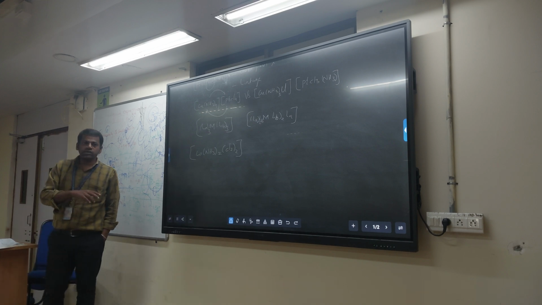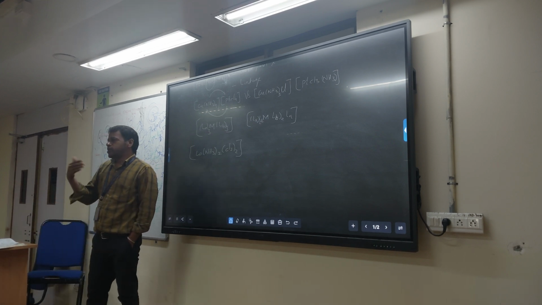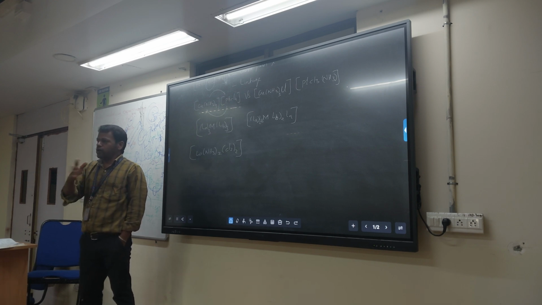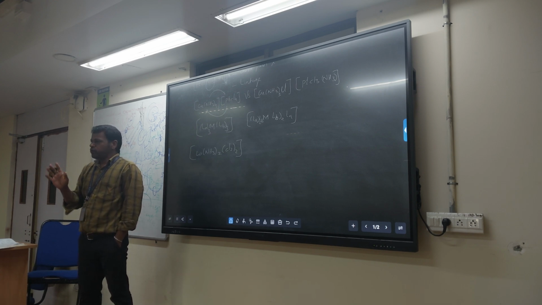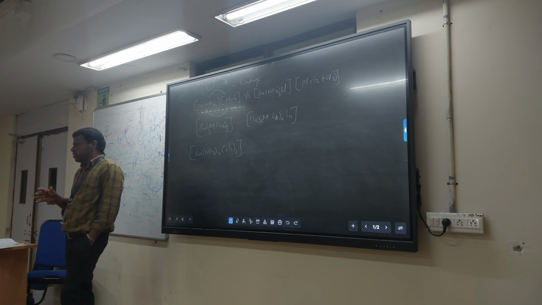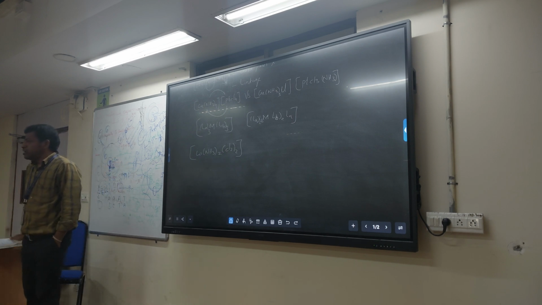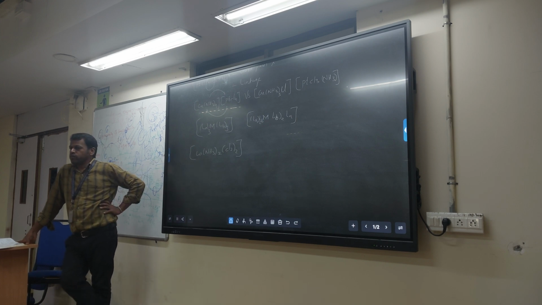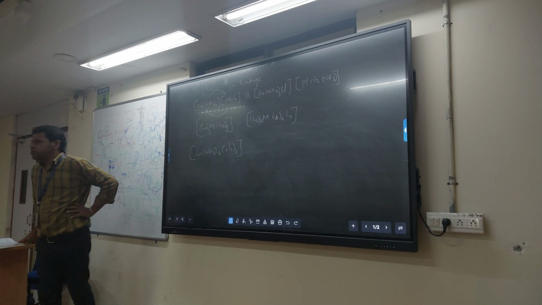When we discuss the question and answer, please try to work it out yourself. Try to answer. If it is wrong or right, no issue. Don't feel you are wrong. We just discuss, that's it. What type of isomerism is possible here? Anybody please?